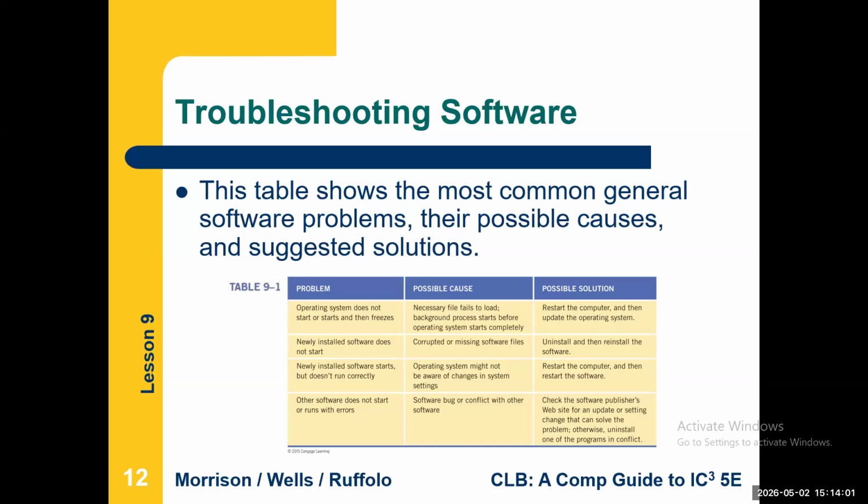Restart your operating system, that is, restart your computer system, and after that, restart the software. If that happens again, then you need to uninstall and install the software back, and then everything will be fine. Other software does not start or runs with error.